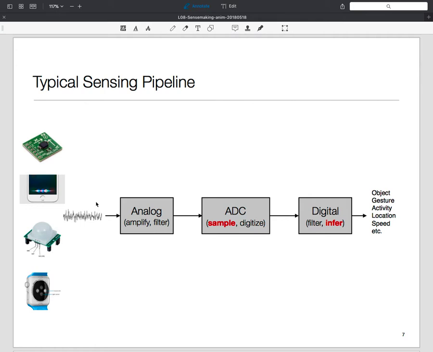And then there's probably a spectrum of it, because my interest is in things happening over some relevant time scale. So it could be, what object was it? Who was it? Was it a person? Was it John? Recognizing gestures, I know some of the projects are seeking to do that. What's the activity? What's the location, speed, all sorts of things that you can imagine that we try to infer.